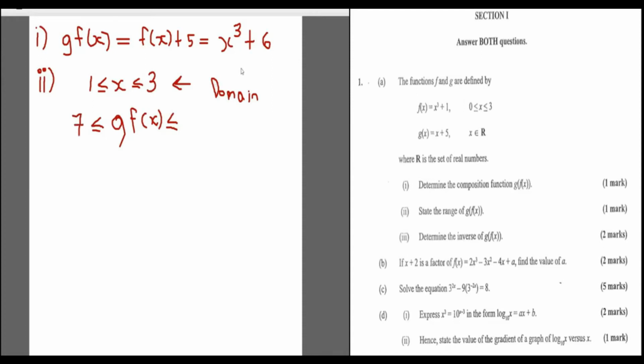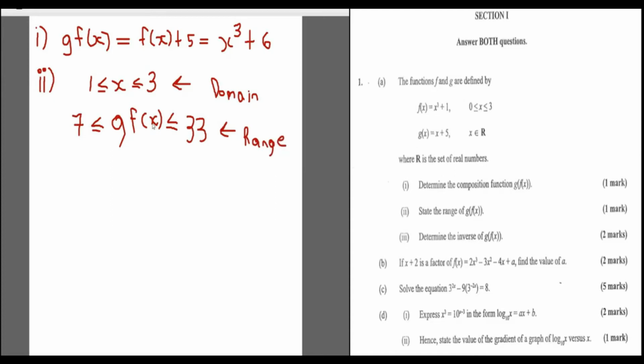And then put in 3. 3 cubed is 27, and 27 plus 6 is 33. And so this is the range. G f of x is between 7 and 33. This is the range of g f of x. And that's the answer. Nice and easy.